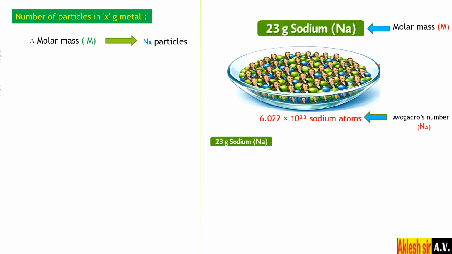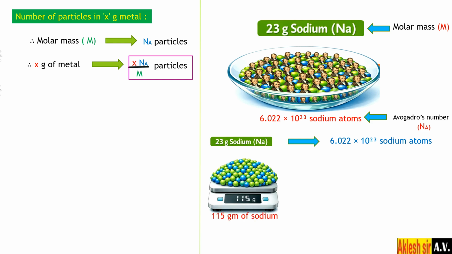So 23 gram of sodium metal contains 6.022 multiplied by 10 raised to 23 sodium atoms. X gram of metal contains x grams multiplied by Avogadro's number, Na, divided by molar mass, particles.